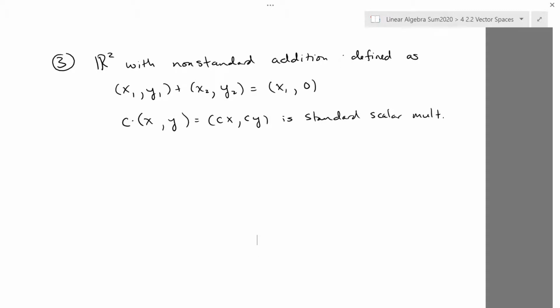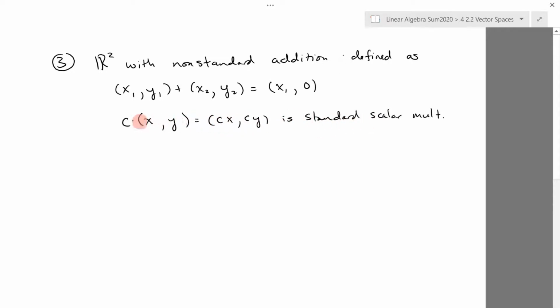Okay, so in this example, we're going to look at a vector space that has the same set as one we're familiar with, right? So R2, but instead we're going to change one of the operations, either vector addition or scalar multiplication. In this particular example, the scalar multiplication is still the standard one, right?